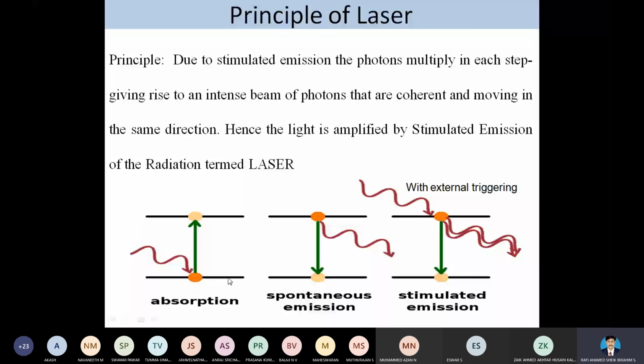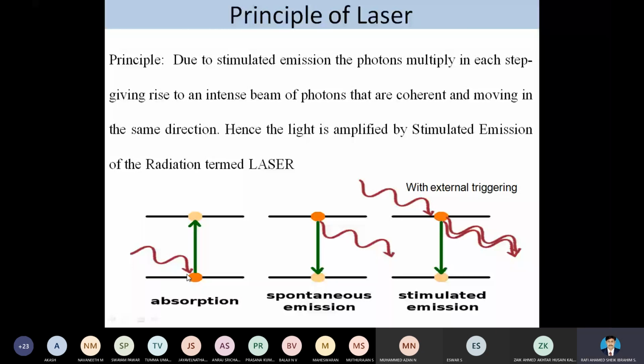So what are we doing? We are subjecting energy. The energy is applied to this atom, which is present in the ground state. This ground state atom gains the energy, acquires, accumulates, gathers the energy.